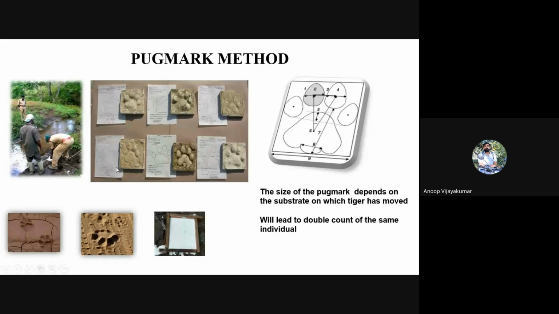If we want to know the number of tigers, we should understand the number of individuals. But this method has many negatives, because soil type and place have a role. The same individual can give pugmarks with different measurements. That's why we are not following this now.